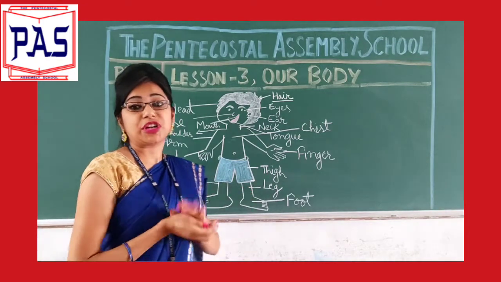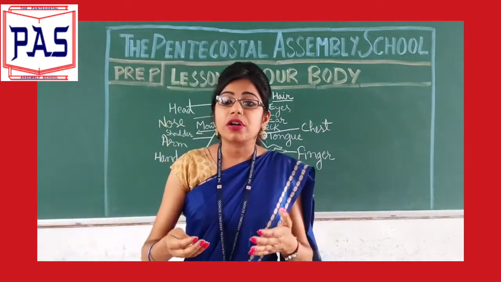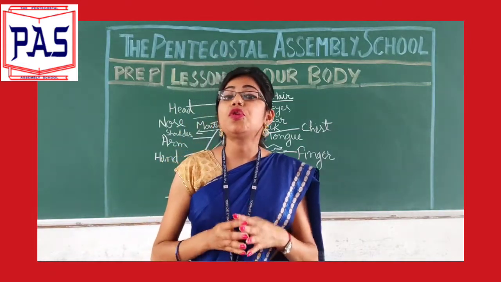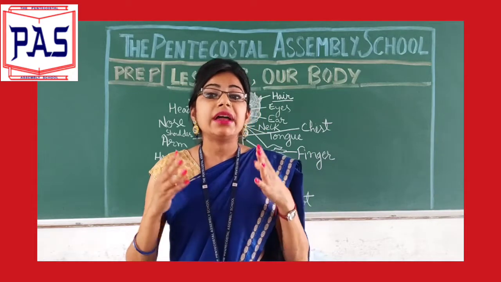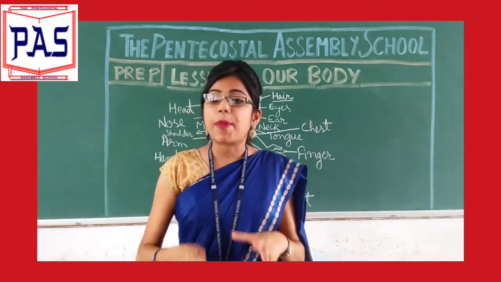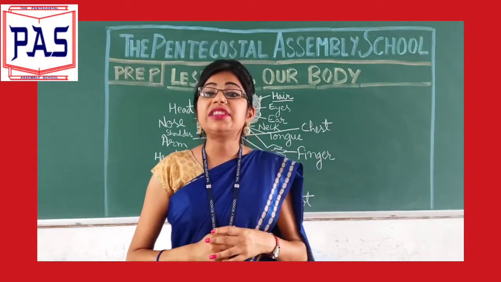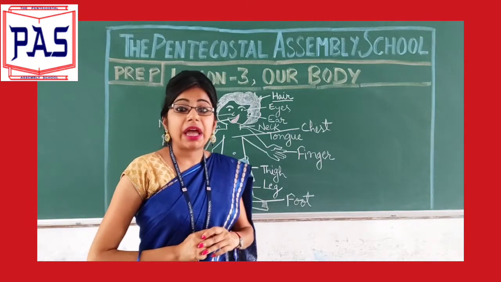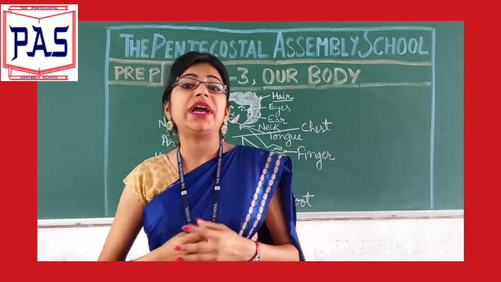Our leg helps us to stand. Our leg helps us to walk or run. We can also step on the ground with our feet. And how many toes do we have?